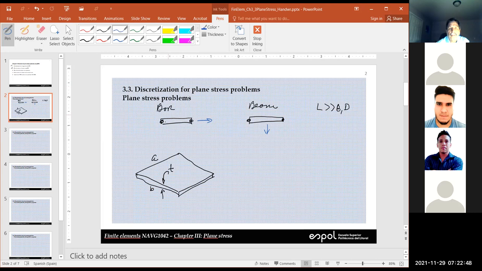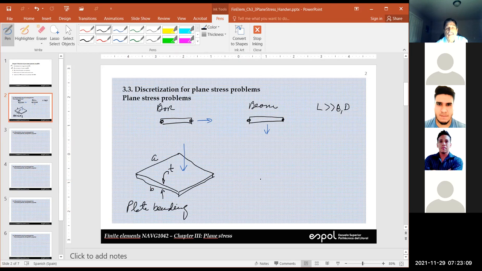So this is what we studied in ship structure. And in that chapter, we considered that the plate was like this. So this problem that we studied previously is what we call plate bending, okay?